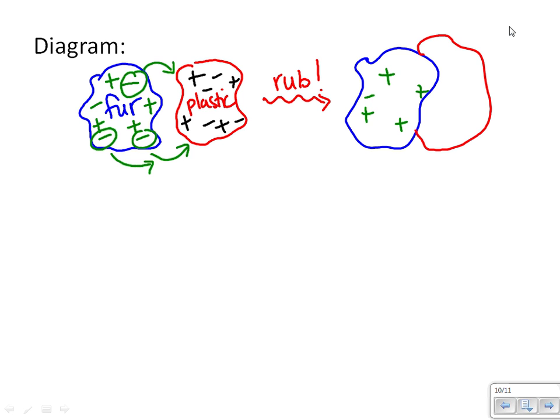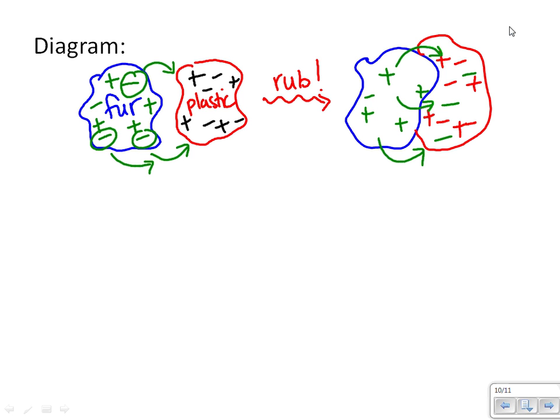So when I draw my plastic charges, I've still got my positive charges here, okay? And I also have my negative charges on the plastic, but now I've gotten these extra negative charges from the fur.